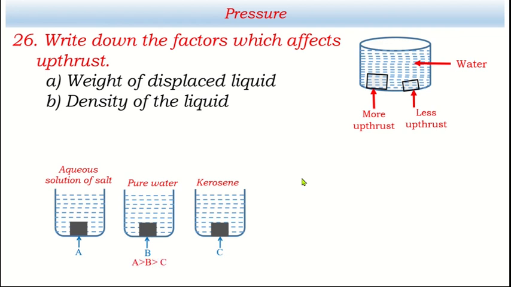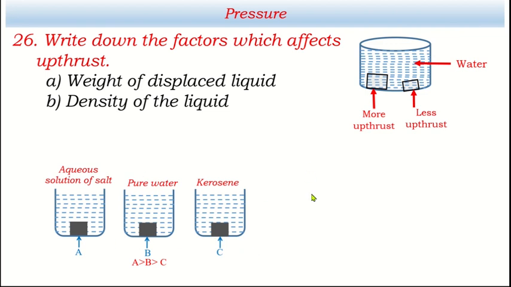A is greater than B and B is greater than C, because the density of salt solution is greater than the density of pure water, and the density of pure water is greater than kerosene. So the upthrust in the solution of salt, that is A, is greater than the upthrust in pure water, that is B, and the upthrust acting on the same body in kerosene is C, which is less than the other two.